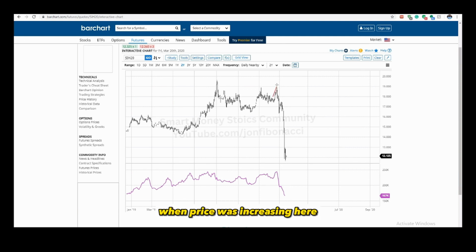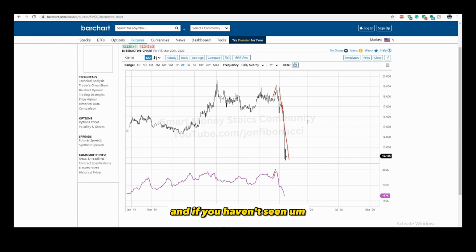When price was increasing here, so was open interest. It means they were increasing their short positions as price was going higher. Okay. And then the market took a very, very hard plunge. And then also gold and silver diverged as well. That you're not going to see on this chart.